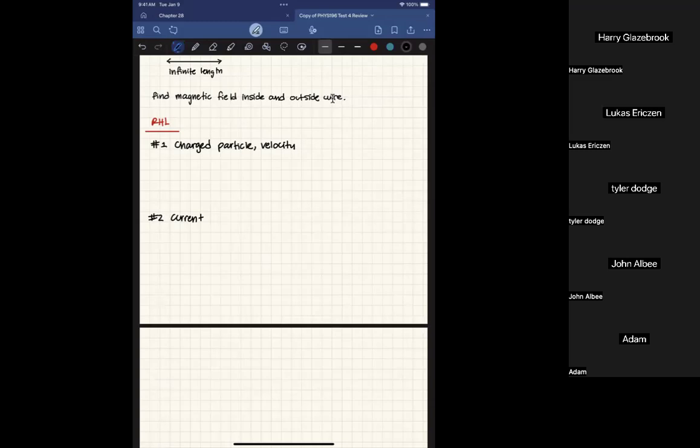For the one where you have a charged particle with some velocity, I'll draw it out a bit. What you want to do is put your thumb along the velocity. I'm going to turn my camera on real quick and show you.